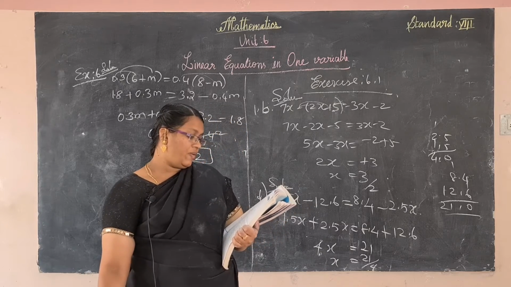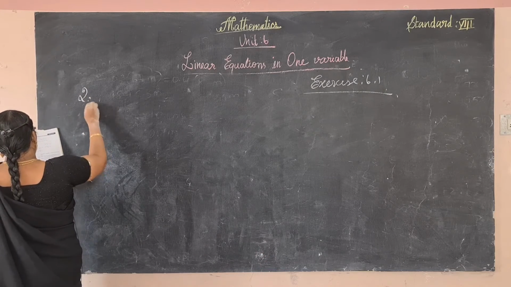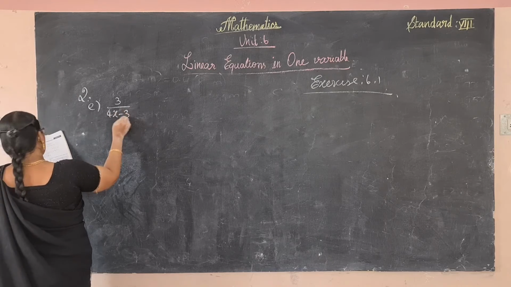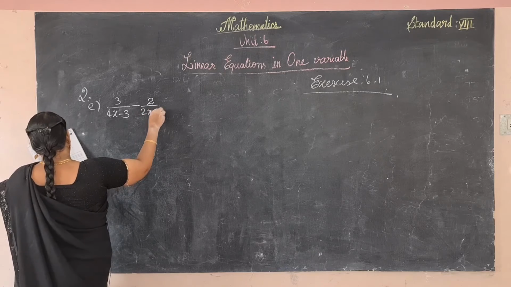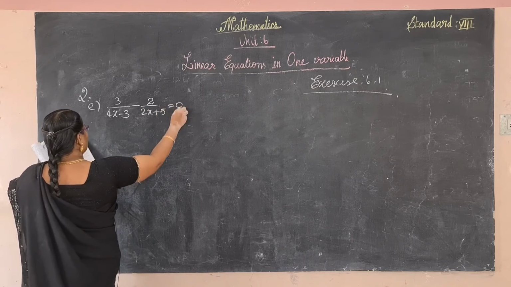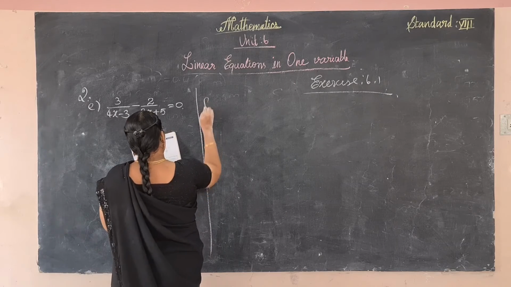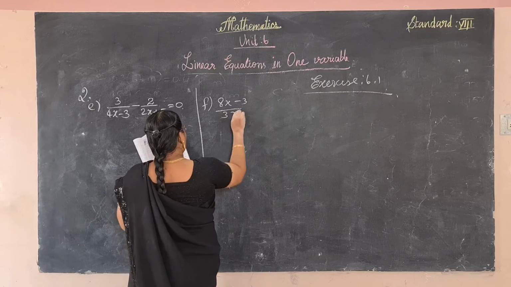Solve the following equations. Second, E problem: (3 by (4x minus 3)) minus (2 by (2x plus 5)) equal to 0. F: (8x minus 3) by 3x equal to 2.